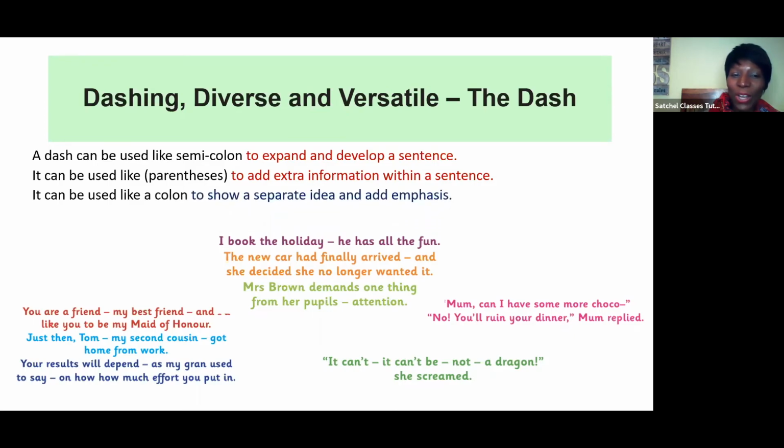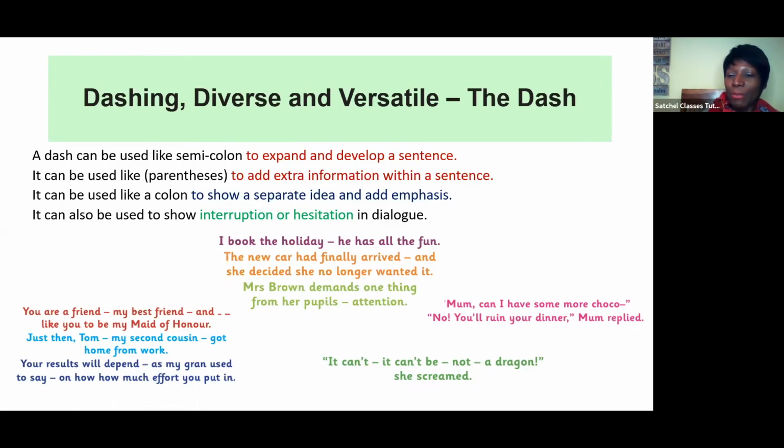But then they can also be like a colon to separate and to add emphasis. Mrs. Brown demands one thing from her pupils, attention. So the dash is acting like a colon, but it can also show hesitation in speech, or interruption in speech.